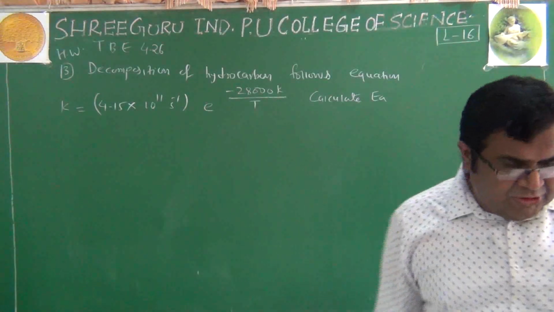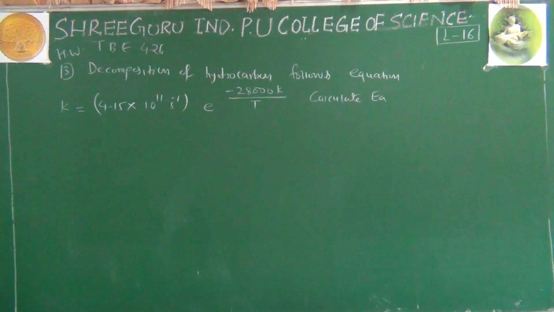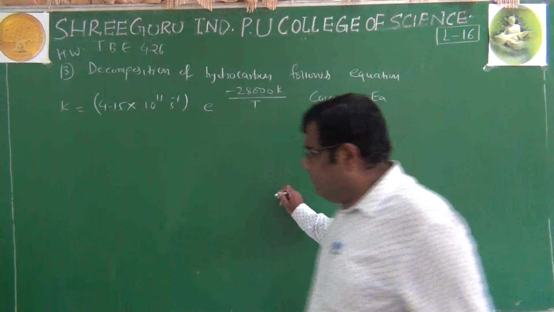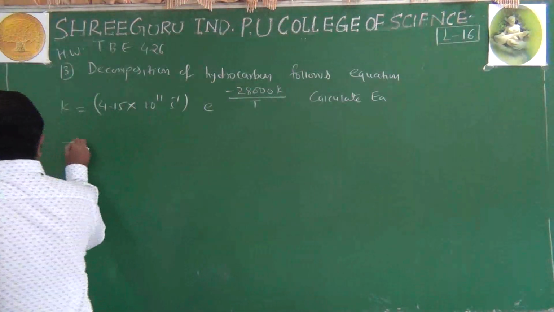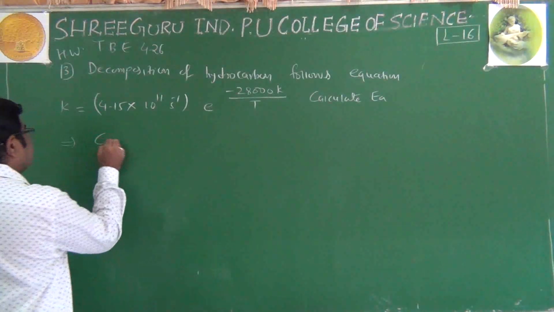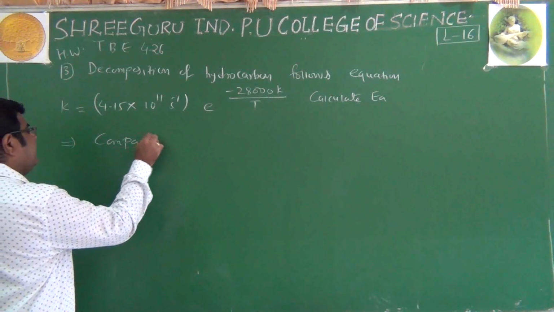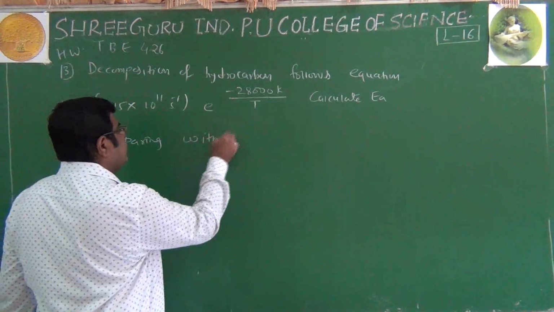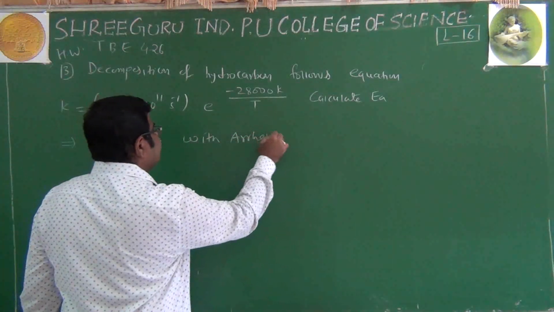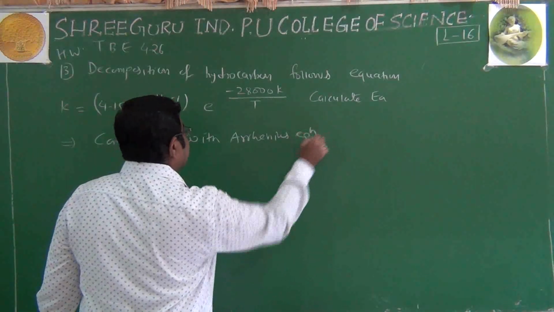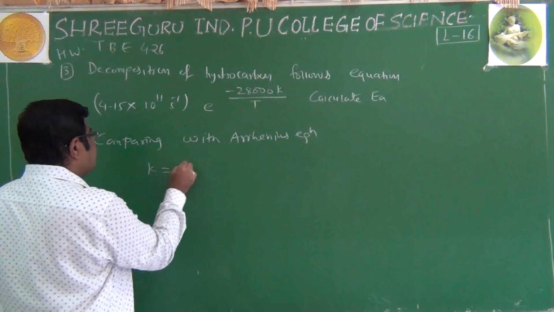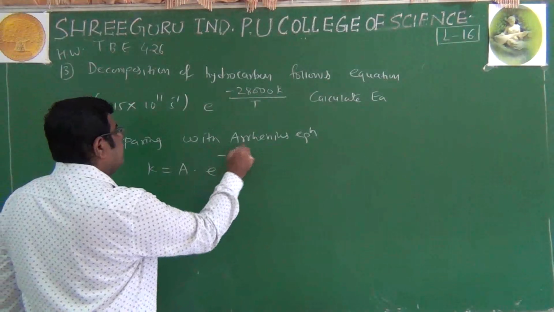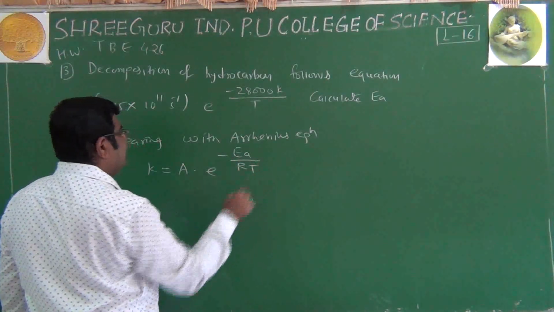So in this question we can write that, comparing with the Arrhenius equation, K equals A e raised to minus EA by RT.